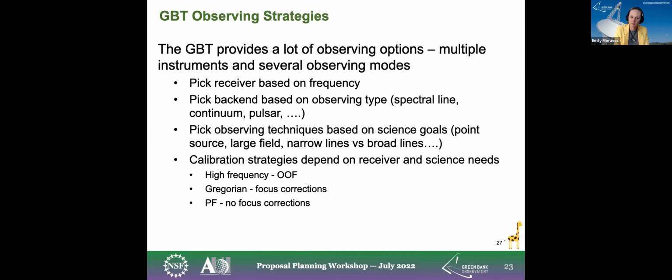So if you are observing a point source, a large field, narrow or broad lines, I'll go over that a bit later. And then your calibration strategies will also depend on receiver and science needs. So at high frequencies, we have to do something called auto-OOF, where you actually correct for the structure of the dish. At Gregorian, you have to make focus corrections because you're using this subreflector, but at prime focus, you don't have to make those corrections because it's at the prime focus.